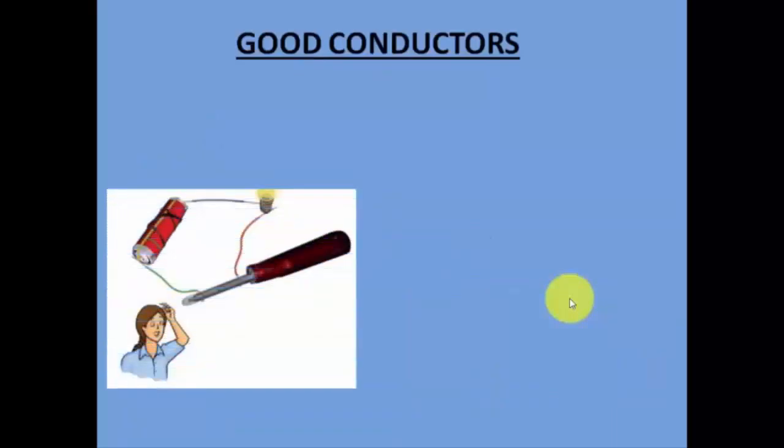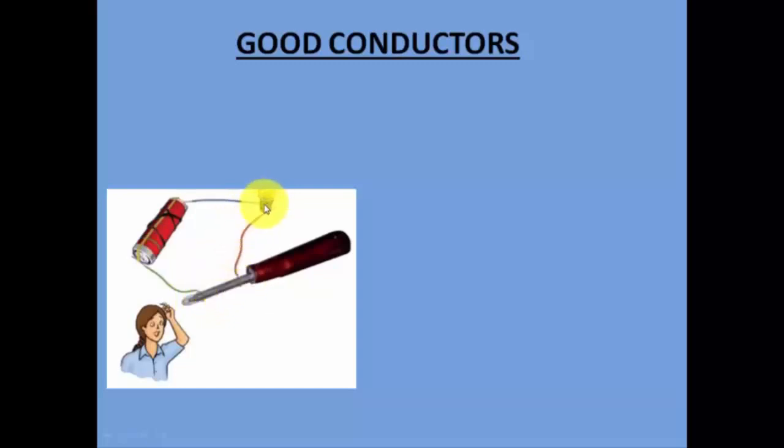So what are good conductors? Let's say again I have this battery. Again the bulb is here just to confirm whether it is a good conductor or a bad conductor. And then I have this tester, and this end wherein I have connected my two wires is a metal portion.